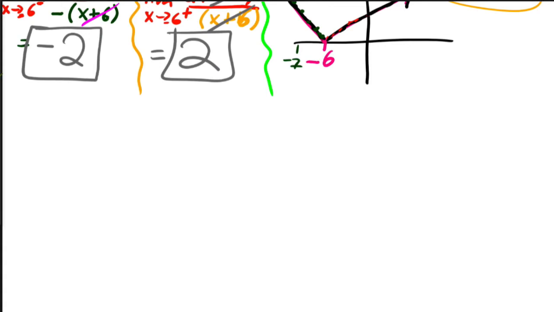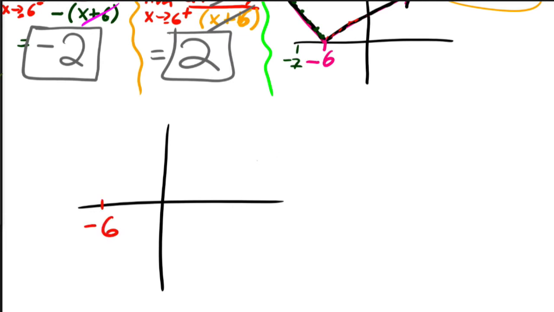This actually looks like, so if this is negative 6, as you come in from the right, let's say this is 2 and this is negative 2. As you come in from the right, this guy is going to be a horizontal line with a hole there. And then this one's going to be another horizontal line at negative 2 with a hole right there as well. And that's it.